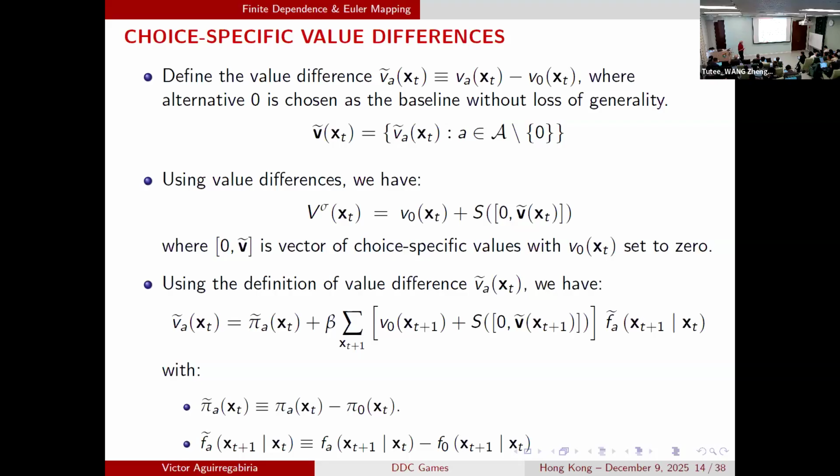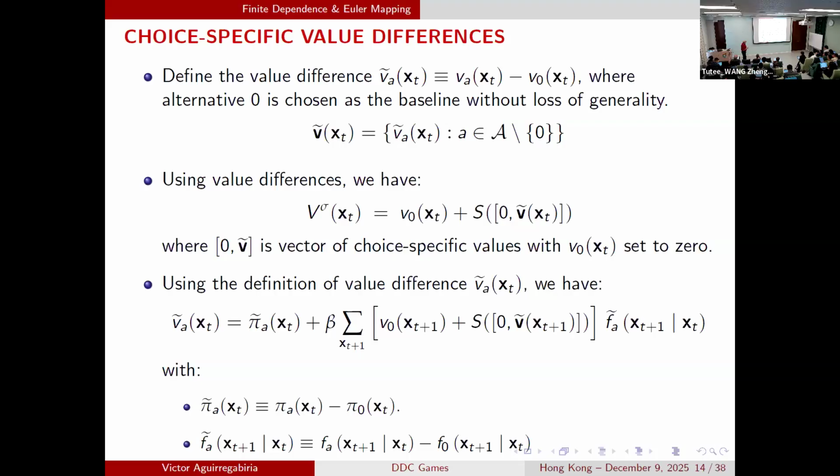Okay. Then let's choose a baseline choice alternative 0, and let's define this value difference. And this V tilde is the vector of all the value differences for state X and for all the choices which are not 0.